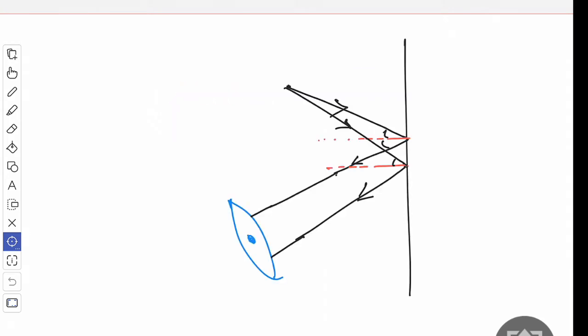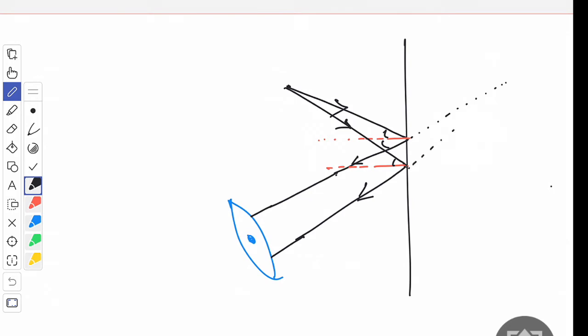If I apply the same logic here for this particular eye, what will the eye know? The person whose eye is here will say, look, extend them back, and wherever they meet, that is where I see the object. So if I now extend them back like this and back like this, let me draw this nicely.